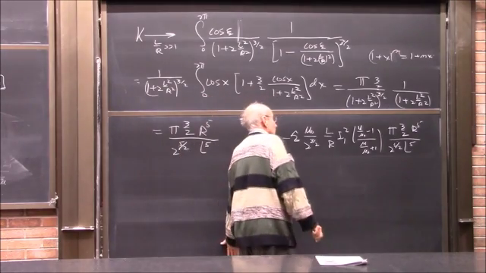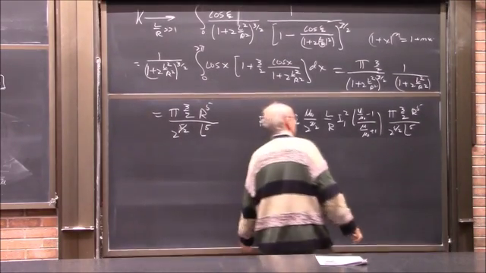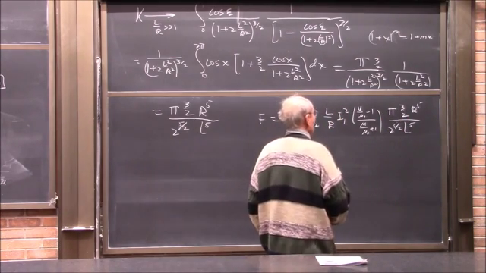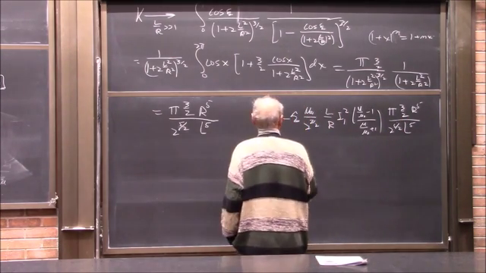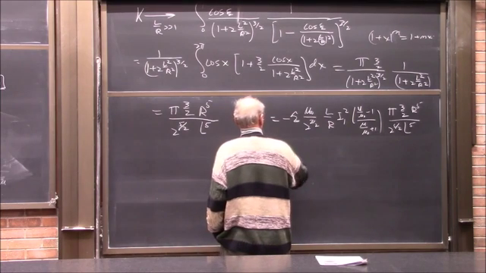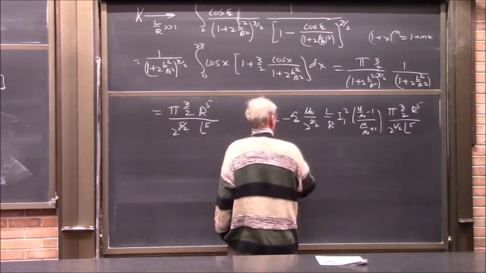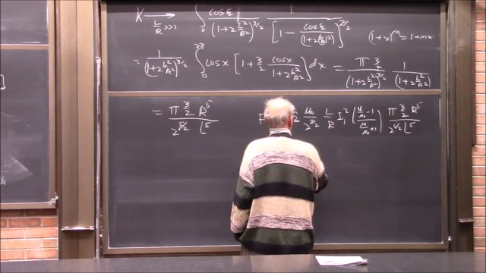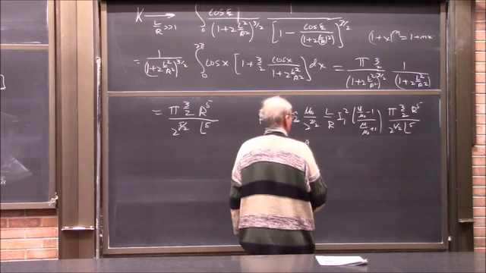Okay, now what is that? Well, this and this makes that an R to the 4th over L to the 4th. And so we get minus z hat mu 0 R to the 4th over L to the 4th.